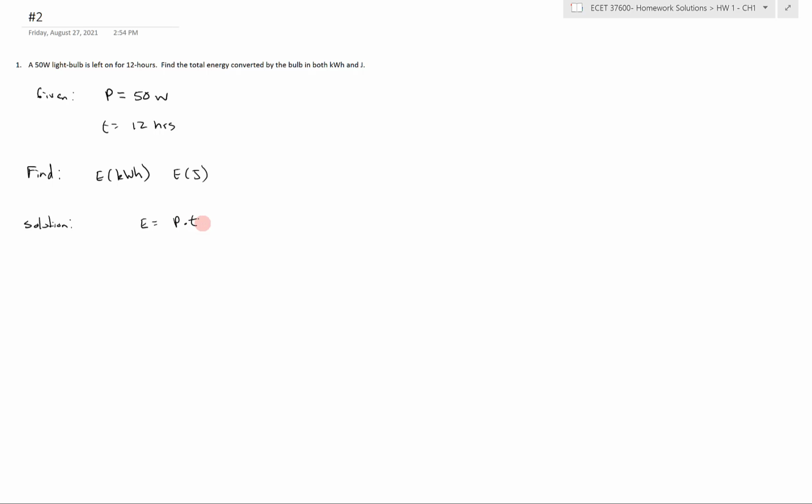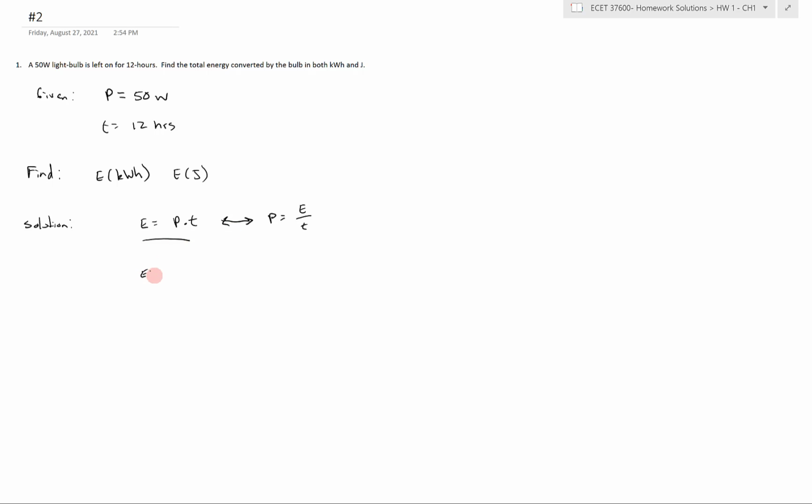You probably remember that power is the rate at which energy is converted, E over T, so that's where that formula comes from. E equals P times T, or P is equal to E over T, just doing a little substitution there. We're trying to solve for E, so this is the formula we want to use.